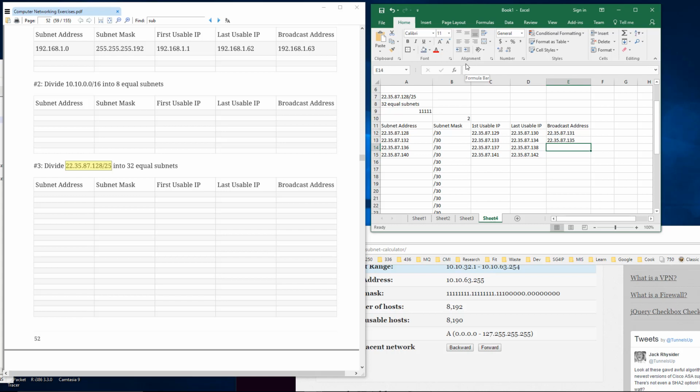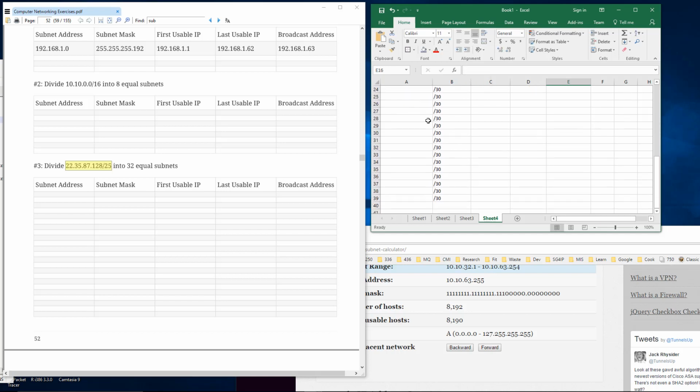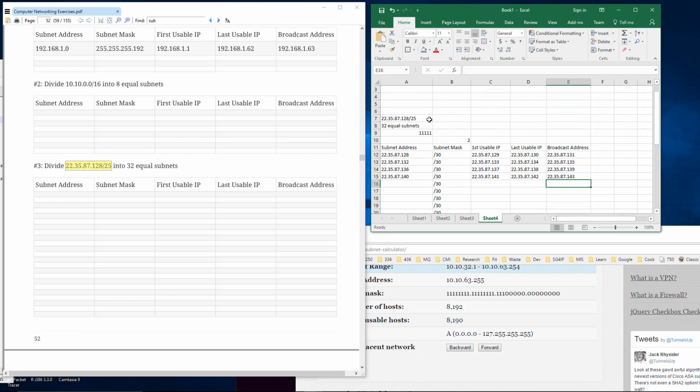You could go down the whole column this way. 22.35.87.139, 22.35.87.143. So really, it's just following the same pattern to make it through the end of that subnet enumeration. So I'm not going to go through the whole thing. Don't think you need to see me spending 10 minutes adding by 4.